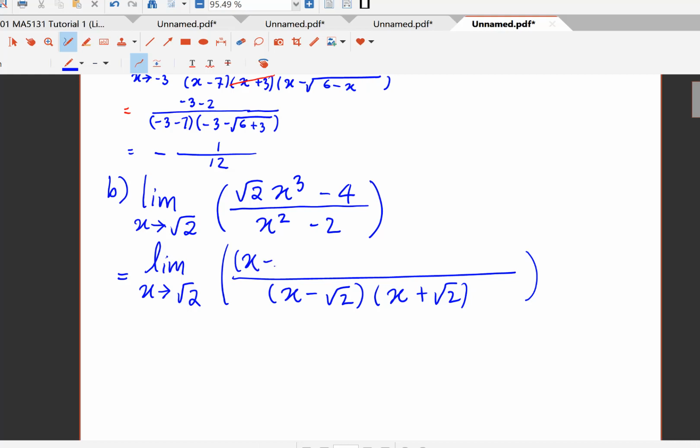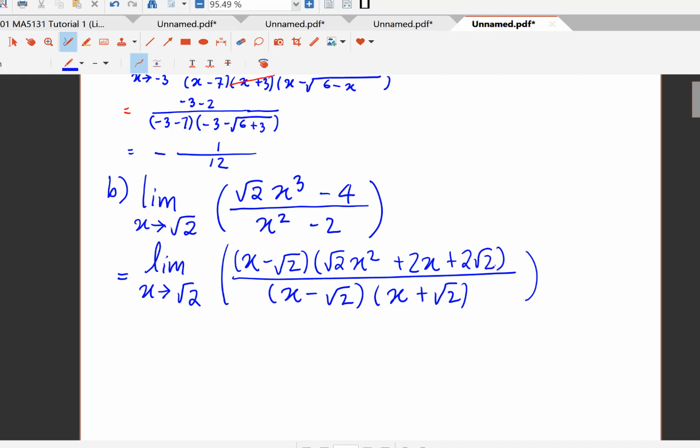Okay, this is also a factor, no? So the thing then is root 2x squared plus 2x plus 2 root 2, is it? Thank you.